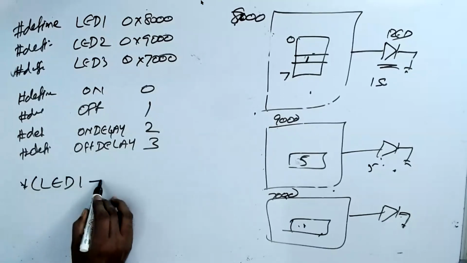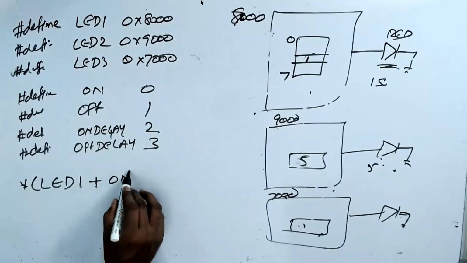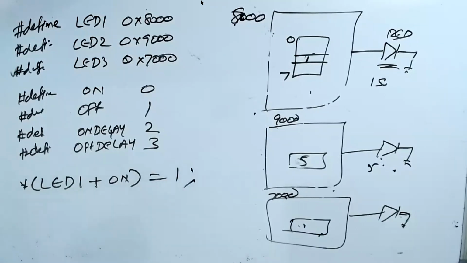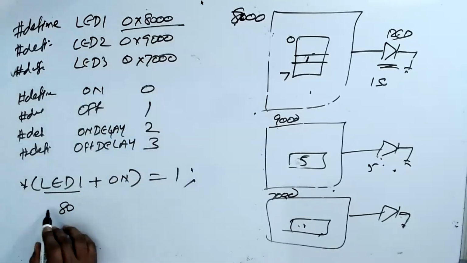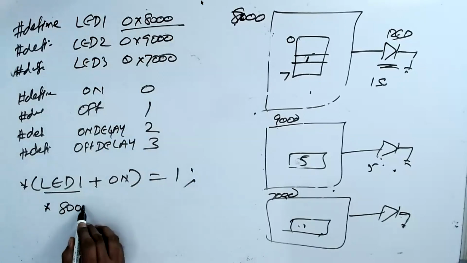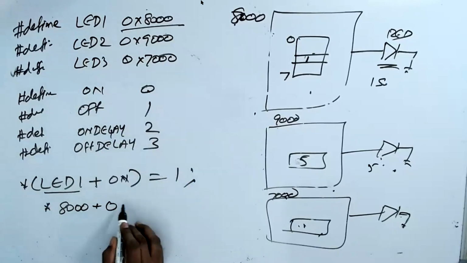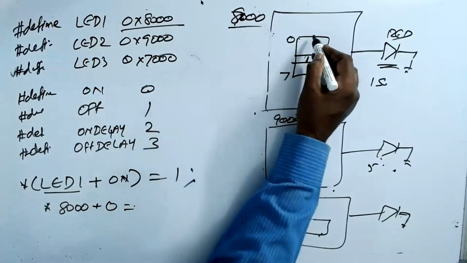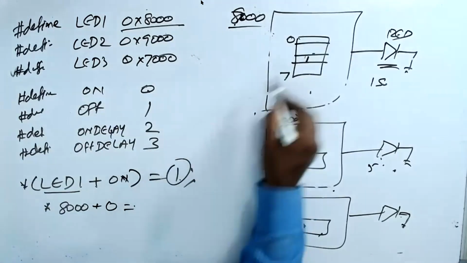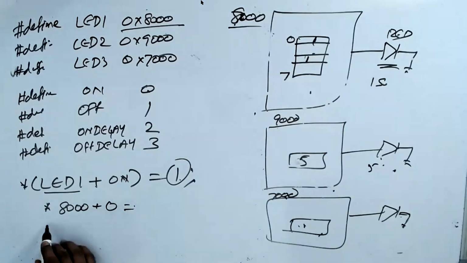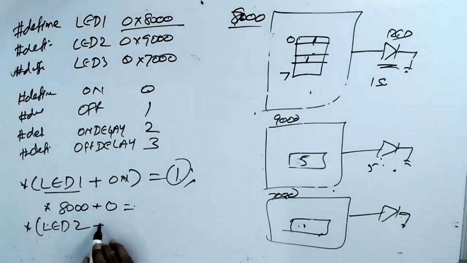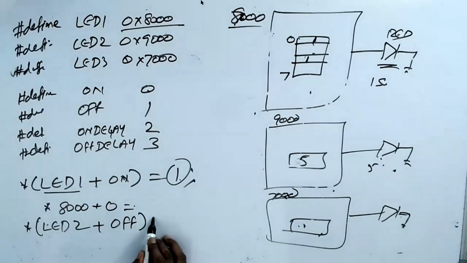Now if I say *(LED1 + ON) equal to 1, you know what I'm writing now? LED 1 is 8,000. So *(8,000 + ON), and ON is 0. So at 8,000, I'm writing the value 1. That means in this case, I turn on the LED. Now I say *(LED2 + OFF) equal to 1.